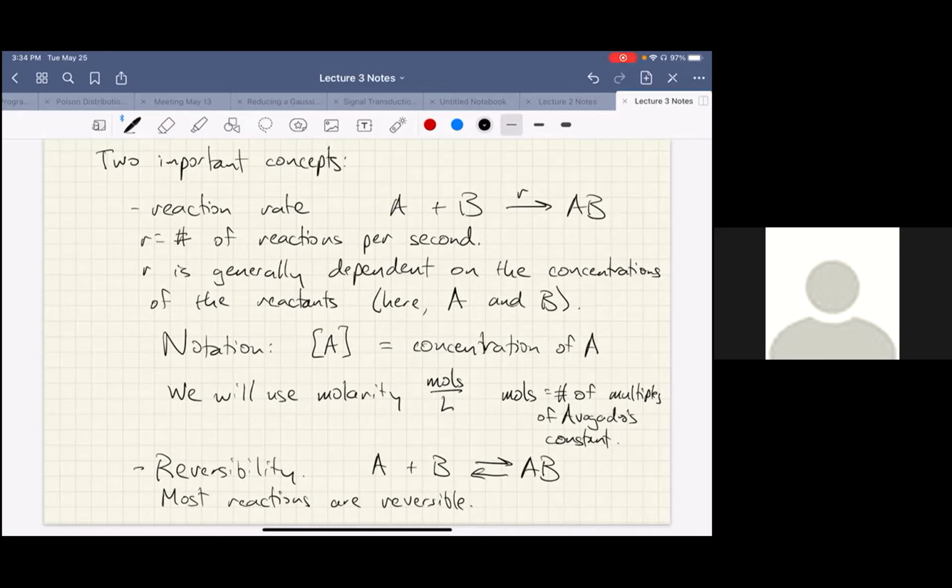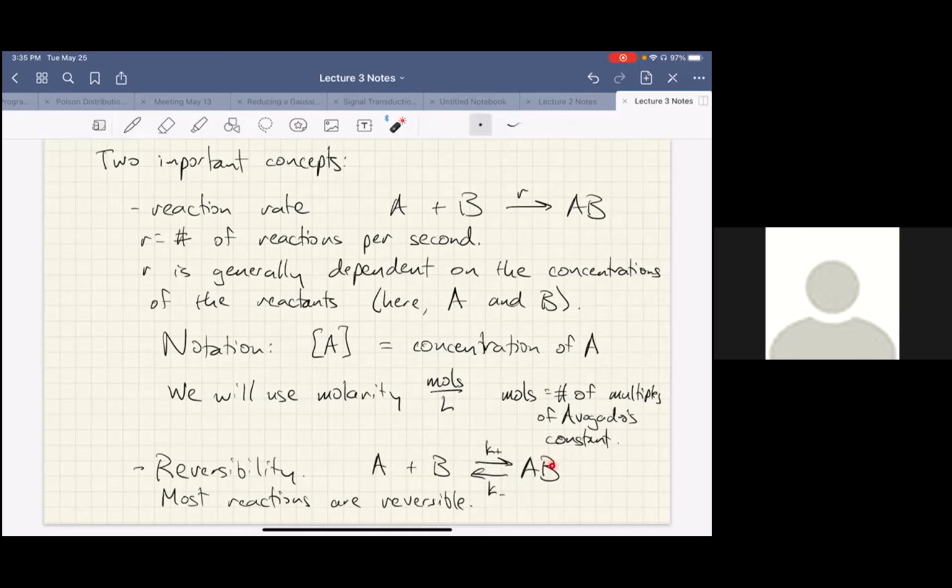There are many terms for the forward rate, but often you'll see something like K plus, and then the reverse rate, K minus. So in other words, what is happening is that A and B come together to form AB, but as you form the compound AB, it can dissociate into A and B separately.